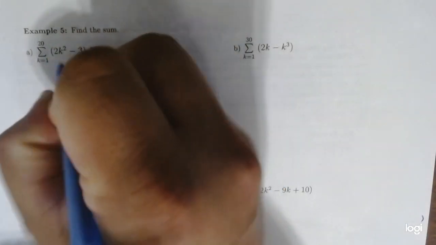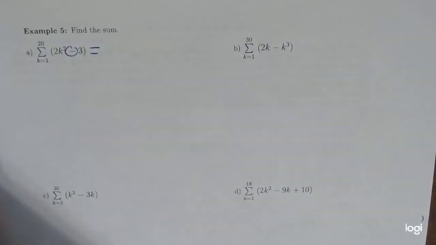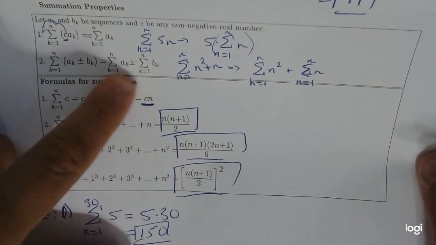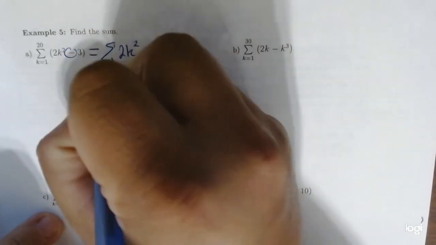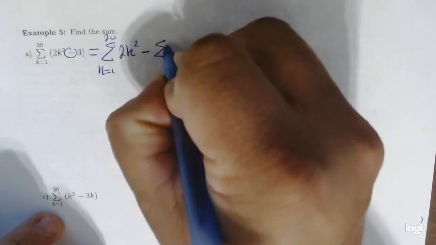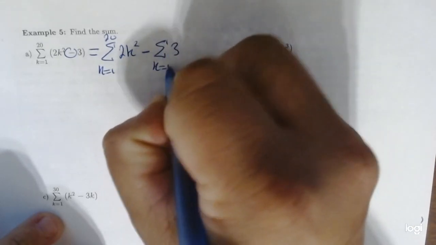Since this is subtraction, according to our property 2, I can split them up individually. So this is the sum of 2k squared from k equals 1 to 20 minus the sum of 3 from k equals 1 to 20.